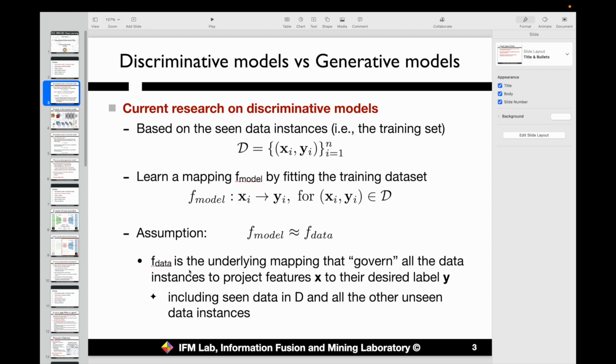So this F data will cover both the seen training data set as shown here, as well as some unseen data instances, like in the testing set or in some other future data instances. So for discriminative models, we want to learn this mapping by fitting the model to the data set, and we assume that this model will be very similar to the true mappings underlying the data.